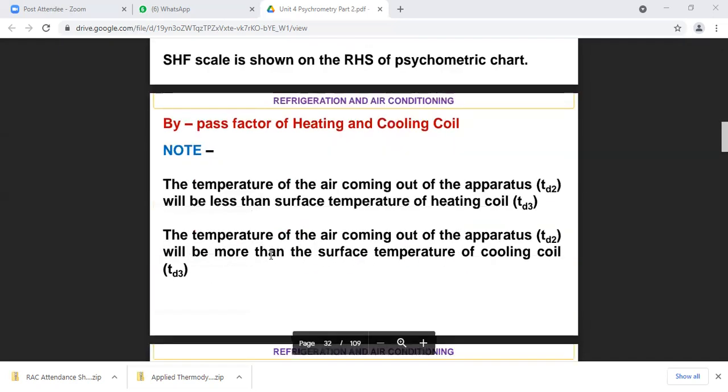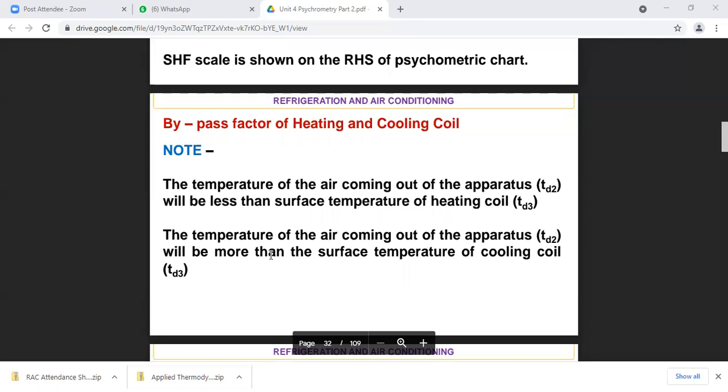Next, we are going to see the bypass factor. What does the bypass factor mean? Let TC be the temperature of the heating or cooling coil. In passing the air through the heating or cooling coil of the apparatus, it is expected that the air after the process should be at the coil temperature.